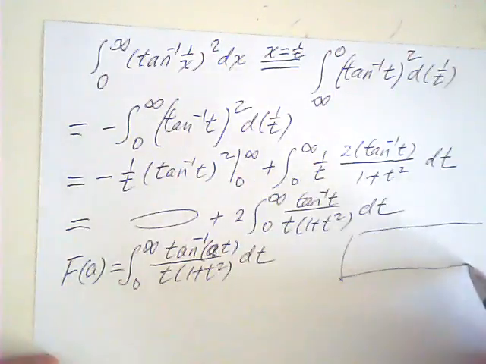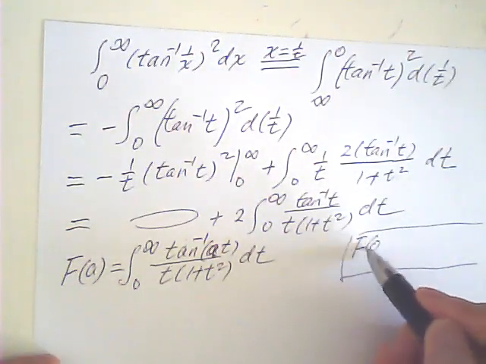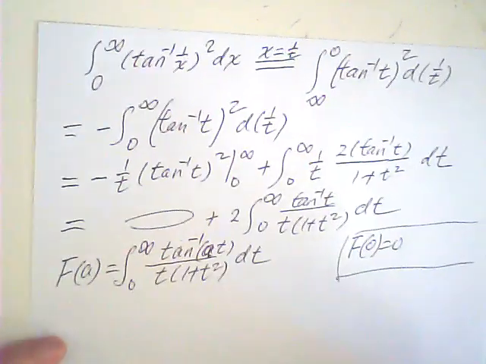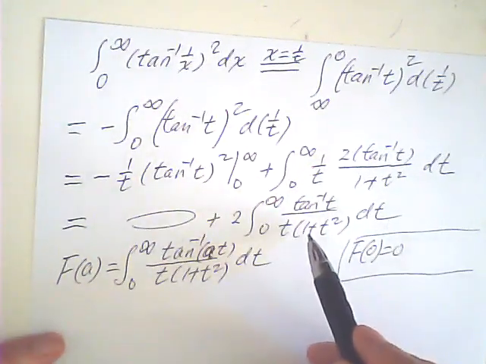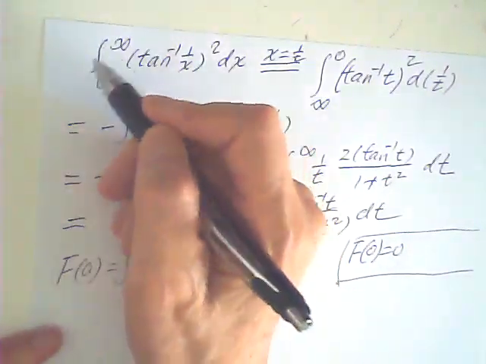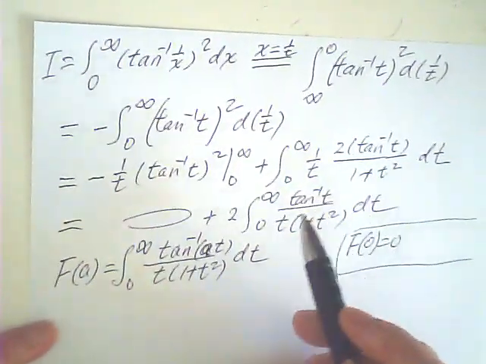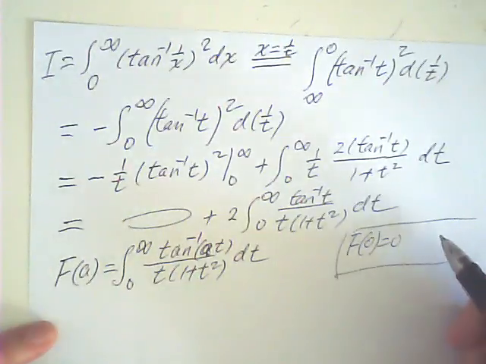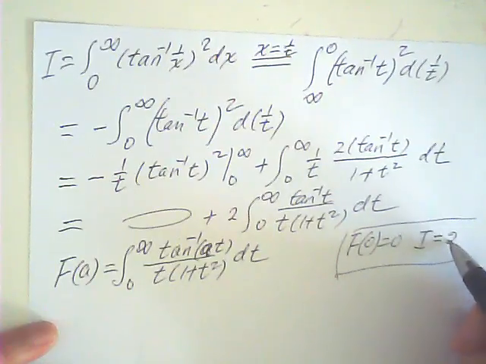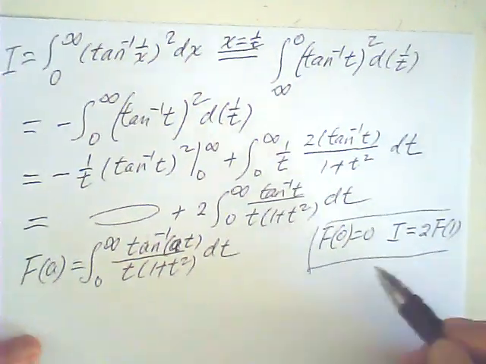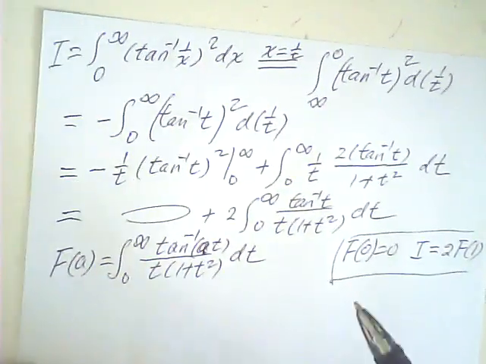So we have an initial condition f of 0 is 0, right? When a equals 0, the whole thing is 0. And my target integral I is 2 times this one when a equals 1. Right? So my I is equal to 2 f of 1. Okay, that will be useful later.